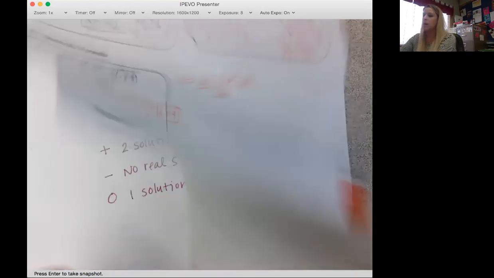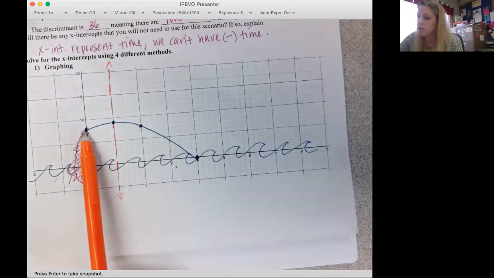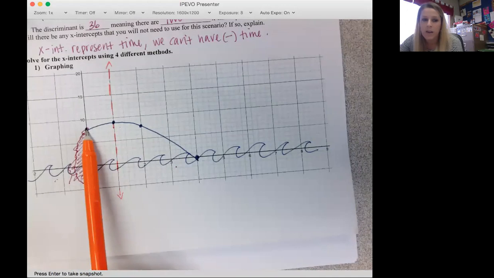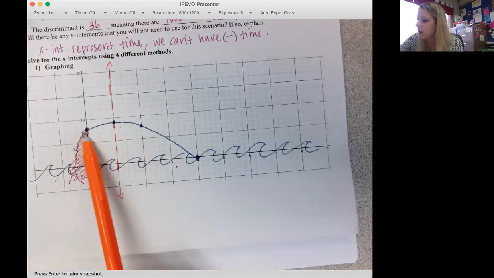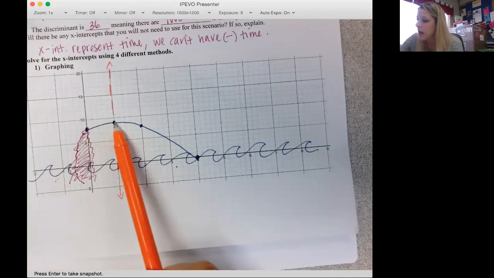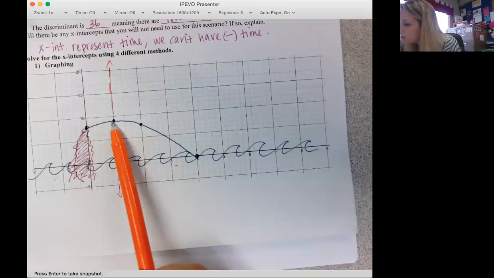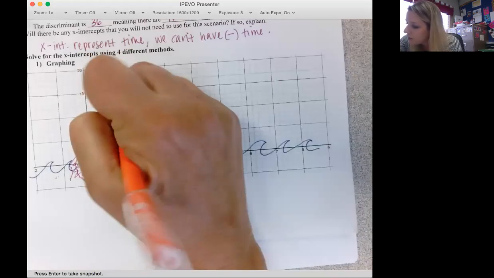Okay, so I'm going to use my graph to help me out with my picture, with my story. So he starts here. So Jason starts at a height of 8 feet. He jumps up into the air and hits his max height of, let's see, that max height was 9, because that's our vertex. So maybe I'll label this.